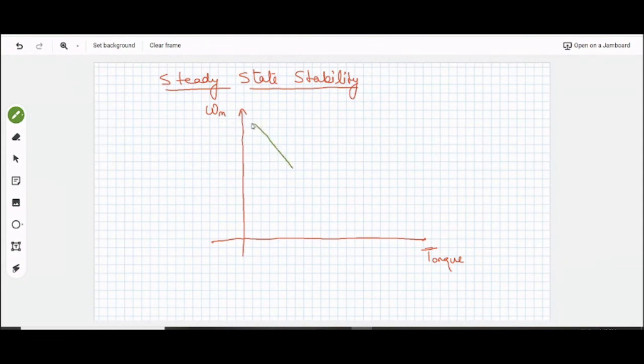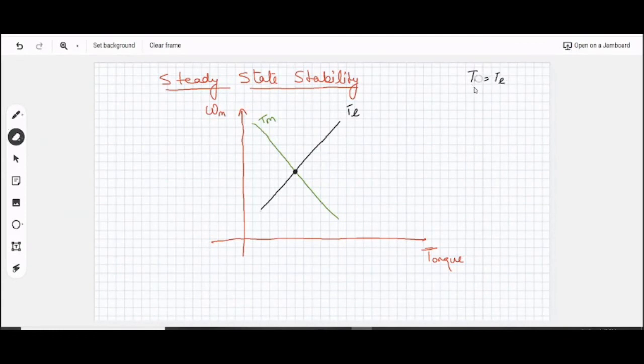But suppose this is the characteristic of a motor, है ना? मोटर की ये कैरेक्टरिस्टिक थी, लोड स्पीड टॉर्क कैरेक्टरिस्टिक। ठीक है, हमने एक लोड लिया जिसकी टॉर्क स्पीड कैरेक्टरिस्टिक कुछ ऐसी थी। ठीक है, तो ऑब्वियसली जो नेचुरल ऑपरेटिंग पॉइंट होगा, स्टेडी स्टेट पॉइंट, वो कौन सा होगा? हम लोगों ने पढ़ा है, स्टेडी स्टेट वही बन सकता है जहां Tm will be equal to TL.